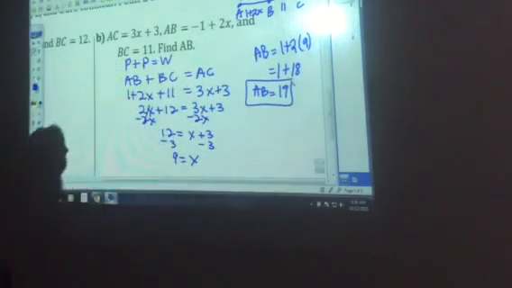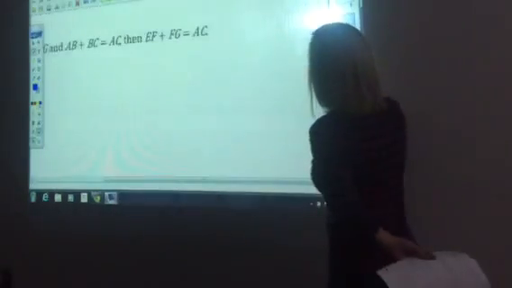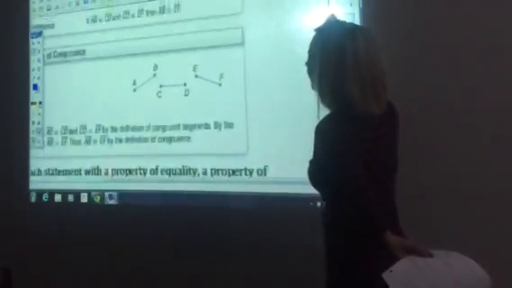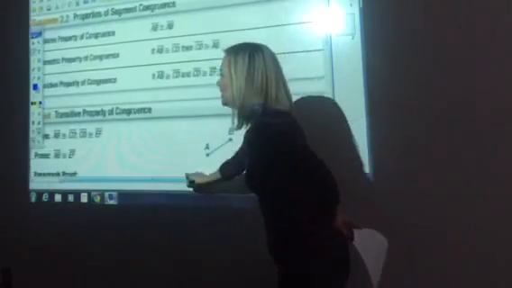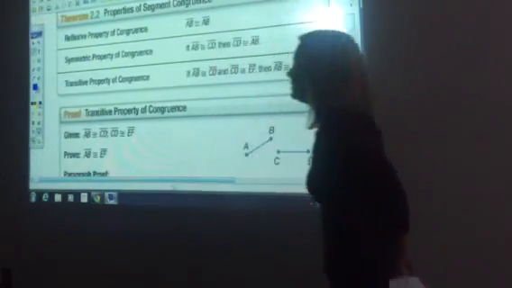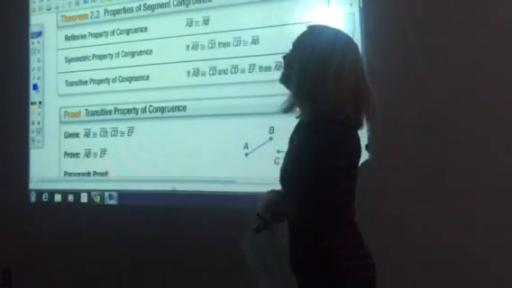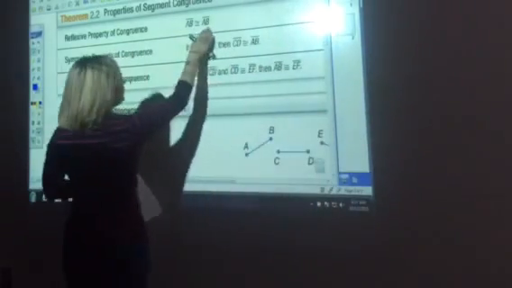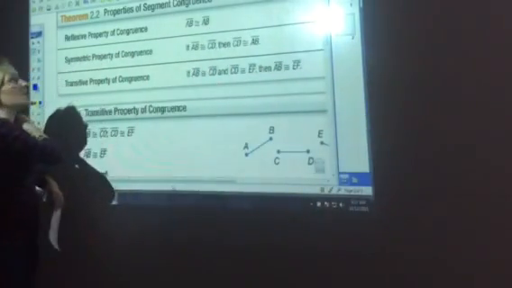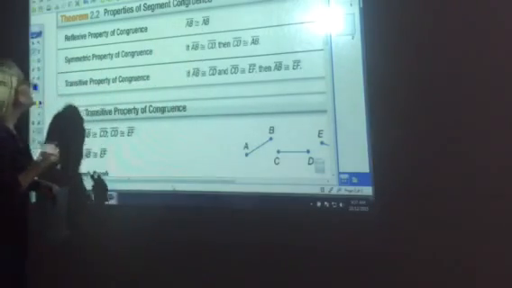Let's go ahead and move on to the back of this page. The next part, they're going to talk about the reflexive, symmetric, and transitive properties. We talked about that last time, and now we're going to talk about how it applies to segments. The reflexive property of congruence for segments: AB is congruent to AB, because they are the same on both sides.